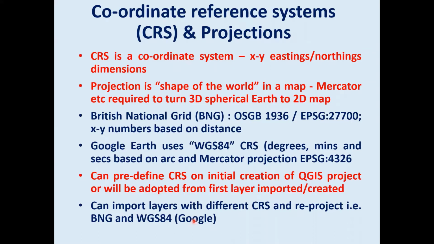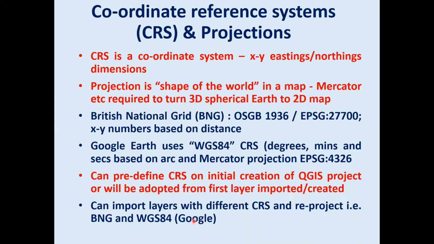The British National Grid System, if you are looking up what coordinate system to use in QGIS, the one you need is OSGB 1936, or as it's sometimes called now, EPSG 27700. Very not nice, convenient numbers, but you will need to know that.